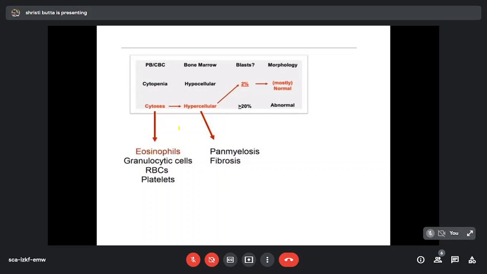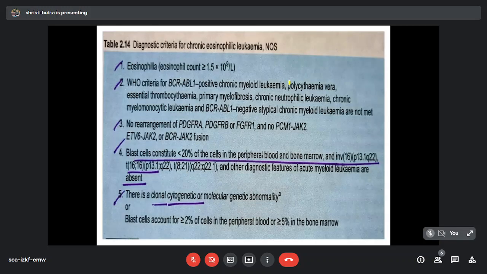You have hypercellular bone marrow, panmyelosis with fibrosis. You have a blast which is less than 10%, and the morphology is typically normal. So there is an eosinophilia. The BCR-ABL1, CML, PV, ET, PMF, CNL, and other causes are all not met.